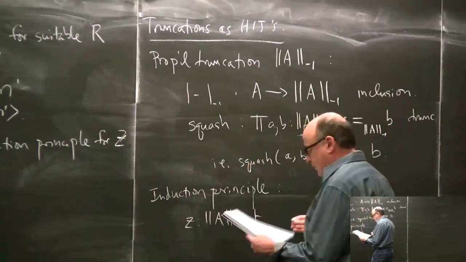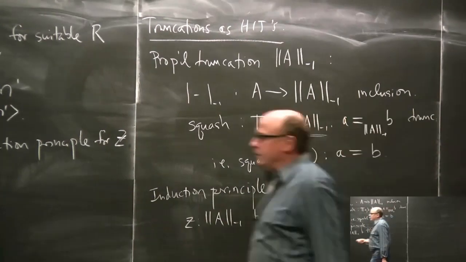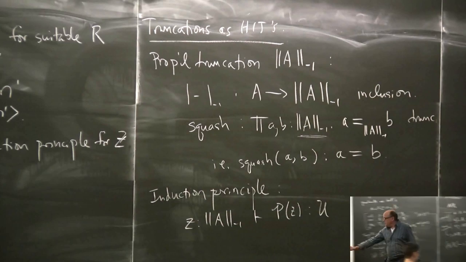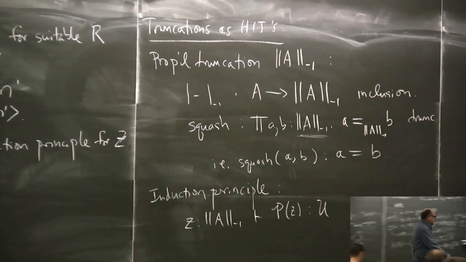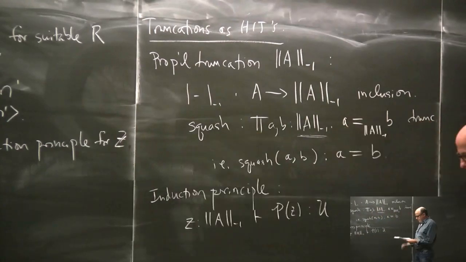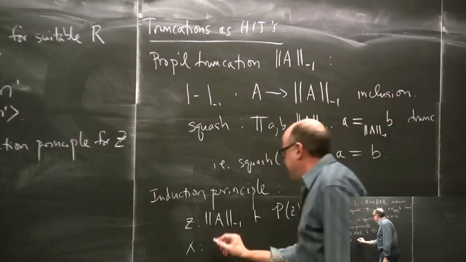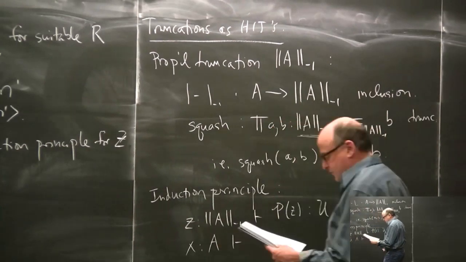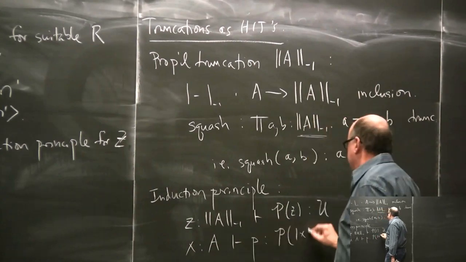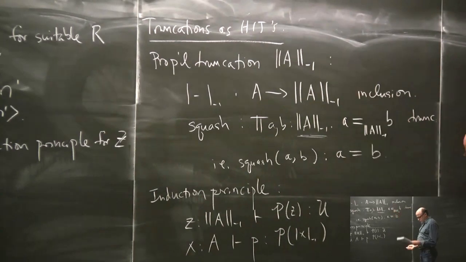So it says, if we have a family of types, a predicate on the propositional truncation of a type, then for any x in A, in type theory notation, you have a proof that P holds of its insertion. That would be written like that. So that sort of corresponds to that.